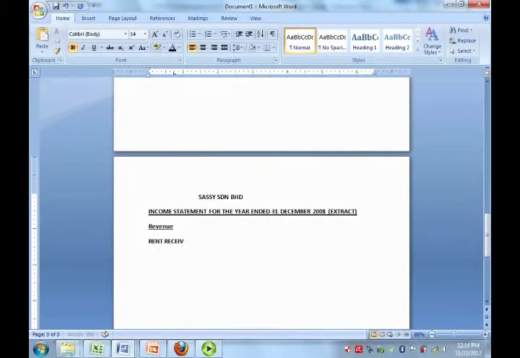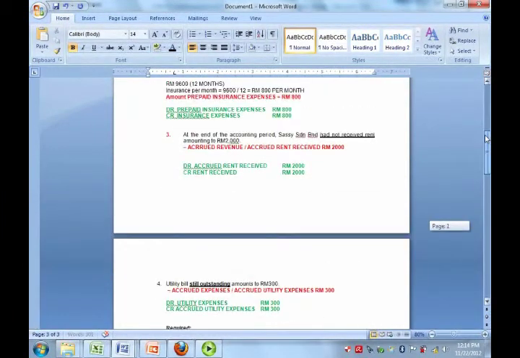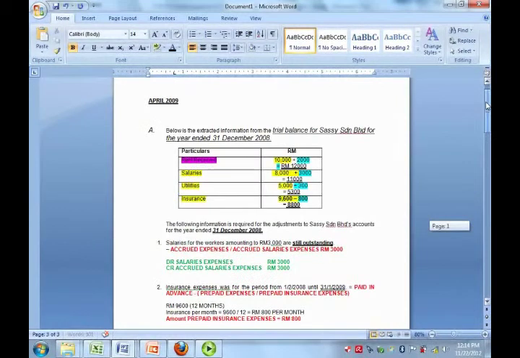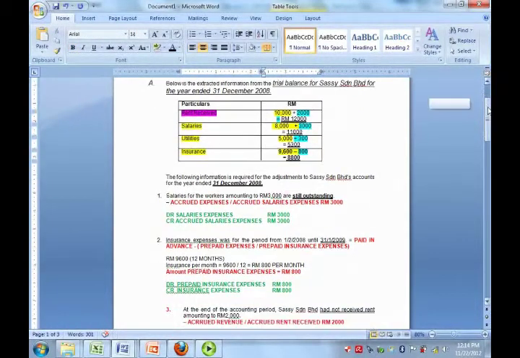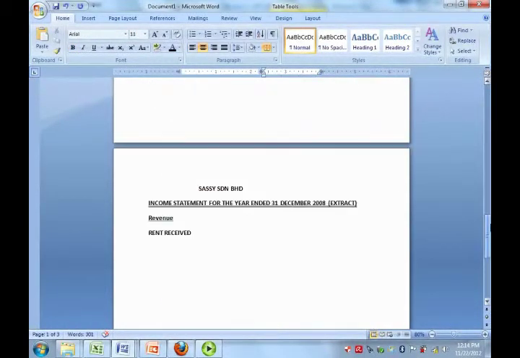Yes, first is rent received. So class, as I told you, do you want to use the new amount or the old amount in your trial balance? Can I know the new amount? As you can see in this table now, the purple color, rent received is 12,000.